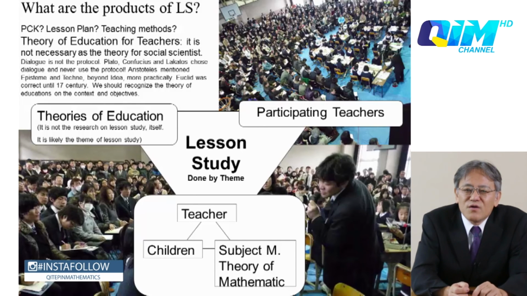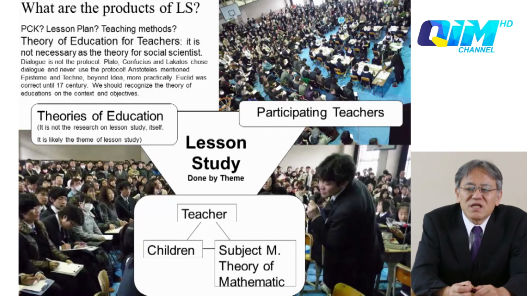The theory of education for lesson study was already published. In that lesson study book, there are two ways of describing the classroom. One is the lesson plan, and the other is dialogue.